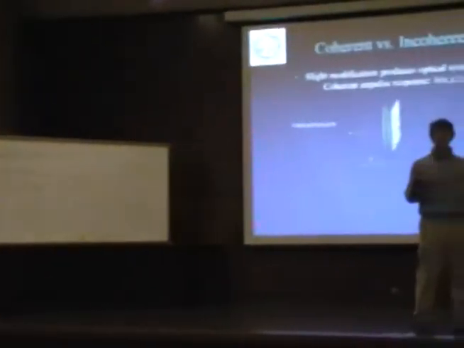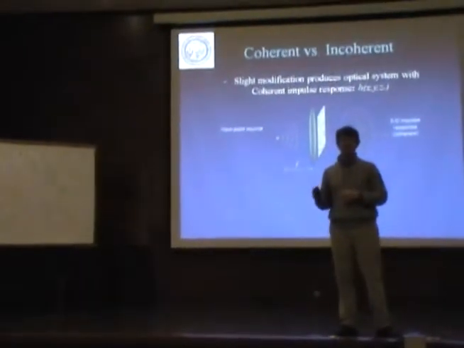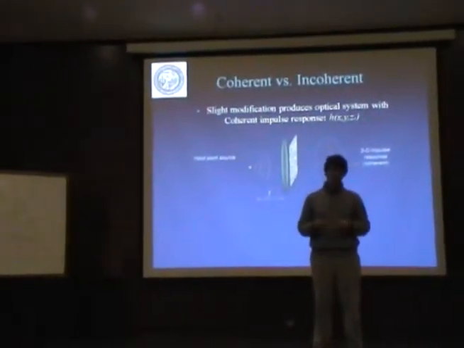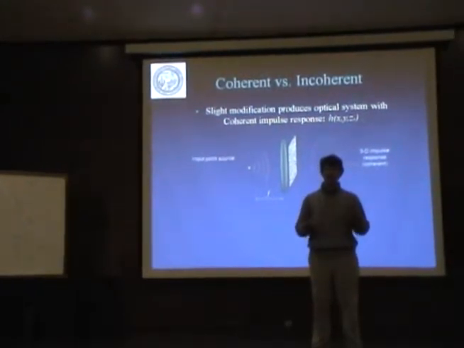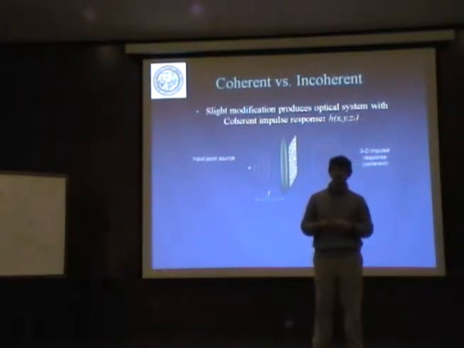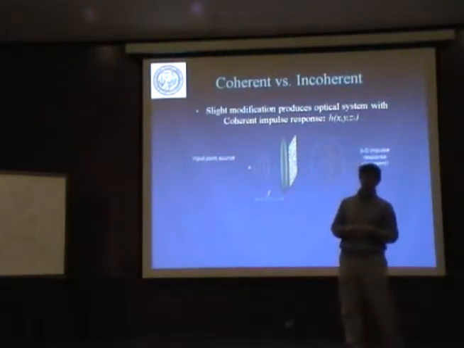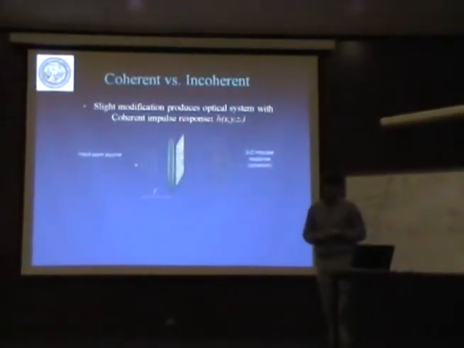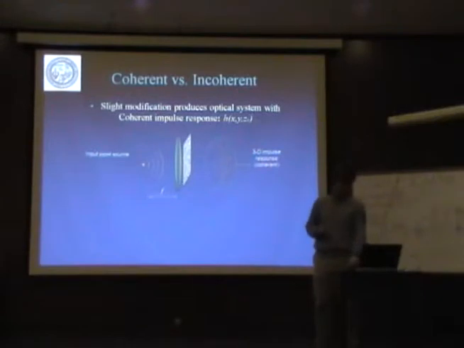It's somewhere in between fully coherent and fully incoherent. Probably the light bulb is the closest to fully incoherent light, and the laser is the closest to fully coherent light.